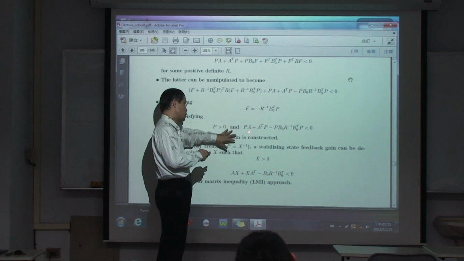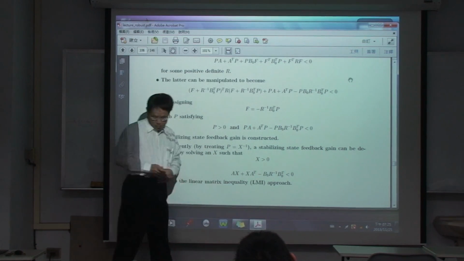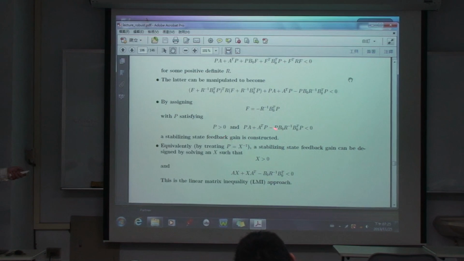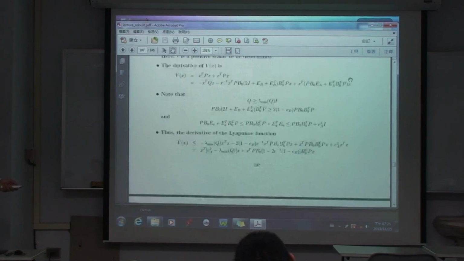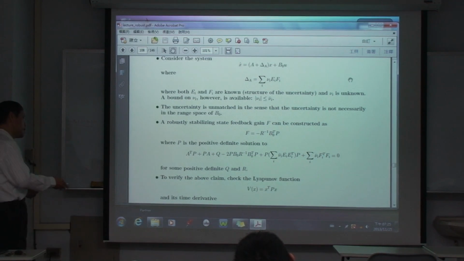So you are okay because you are allowed to multiply by P inverse, so you end up with this kind of equation. But you can compare it to this equation. If you see this, there's a constant term there and constant Q there. Okay?